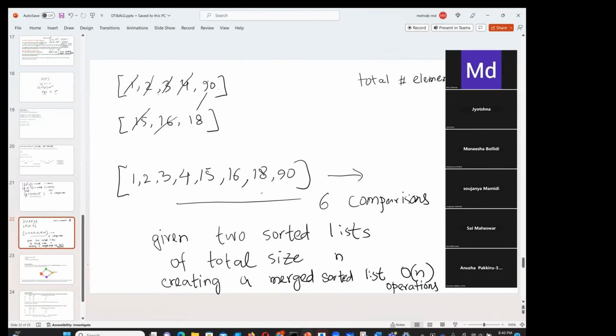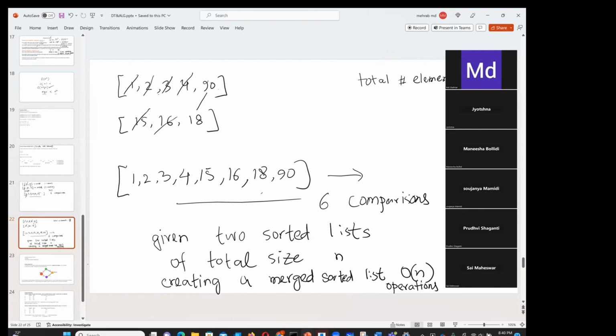Basically I need n minus 1 operations to create one merged list out of 2 sorted lists, right? Is it clear to everyone? And does it make sense?